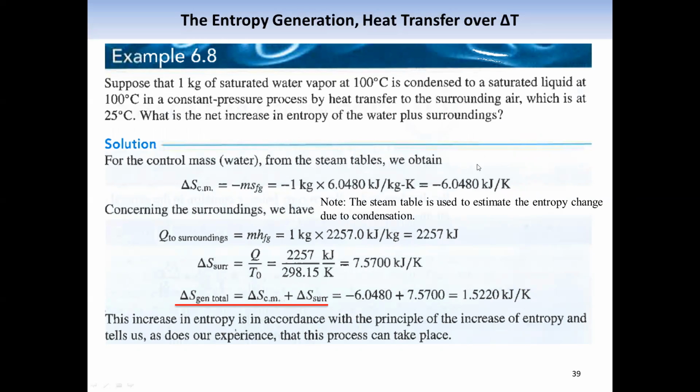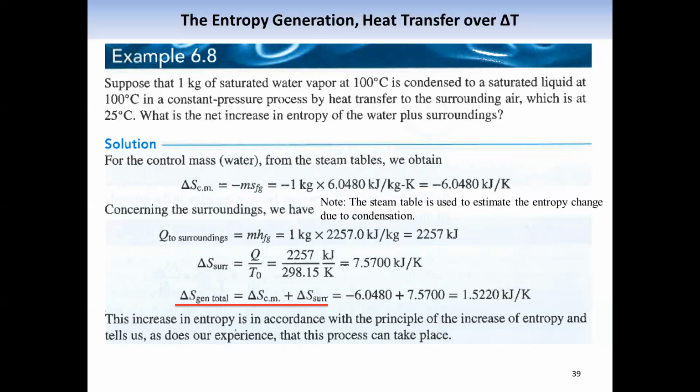If 1 kilogram of saturated water vapor at 100 degrees C is condensed to saturated liquid at the same temperature, 100 degrees C, then we are asked to analyze the net increase in entropy of the condensation process plus the entropy change of its surrounding, if the surrounding is at 25 degrees C. Let's look at the water vapor.